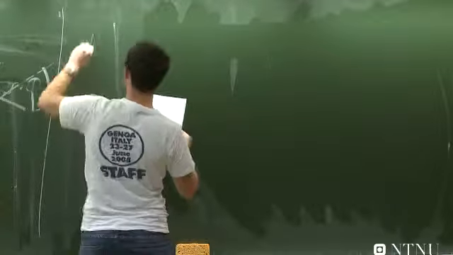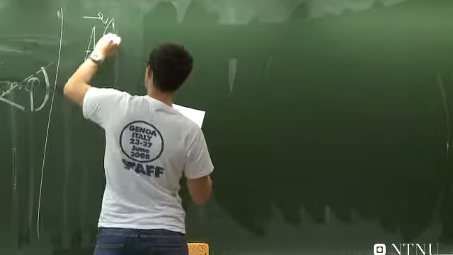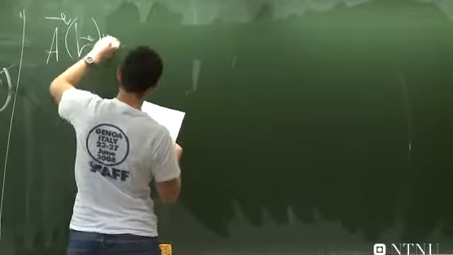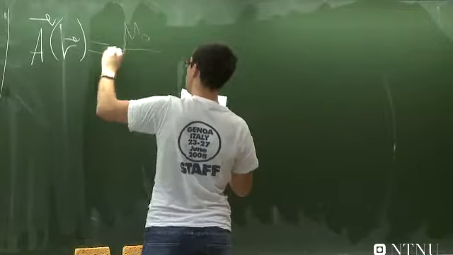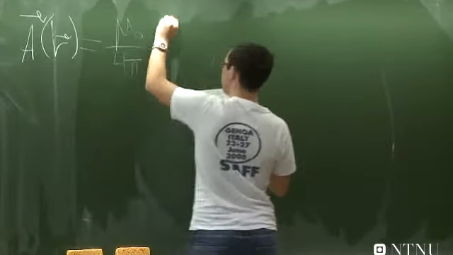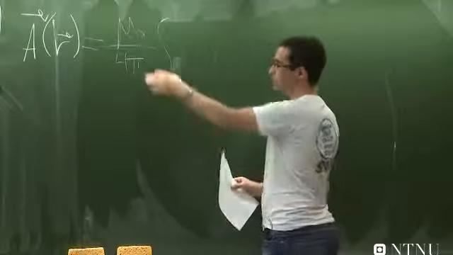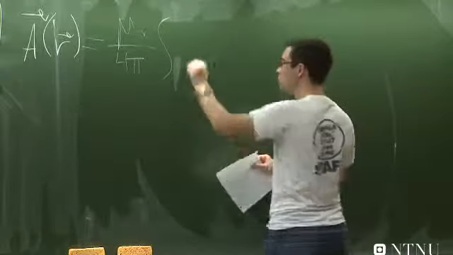This is, of course, just because they're mathematically identical, so the solution is going to be the same. It starts out the same way, except there's a mu naught instead of an epsilon.